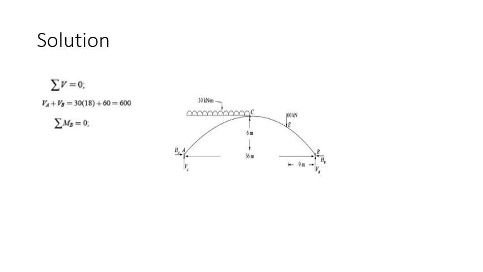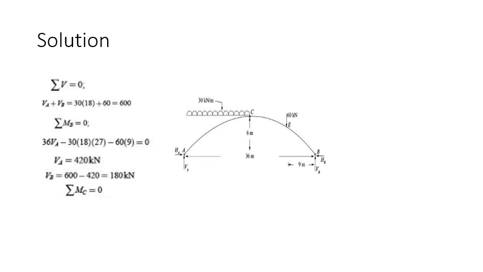VA into 36 minus 30 into 18 into 9 plus 18, that is 27, minus 60 into 9. You will get VA as 420 kilonewton. If you substitute in the equation 1, we get VB as 180 kilonewton.